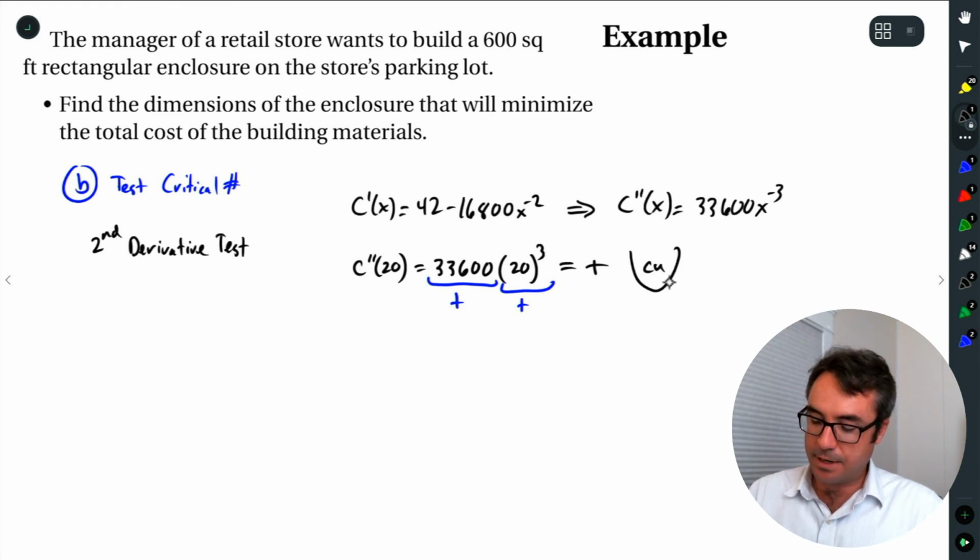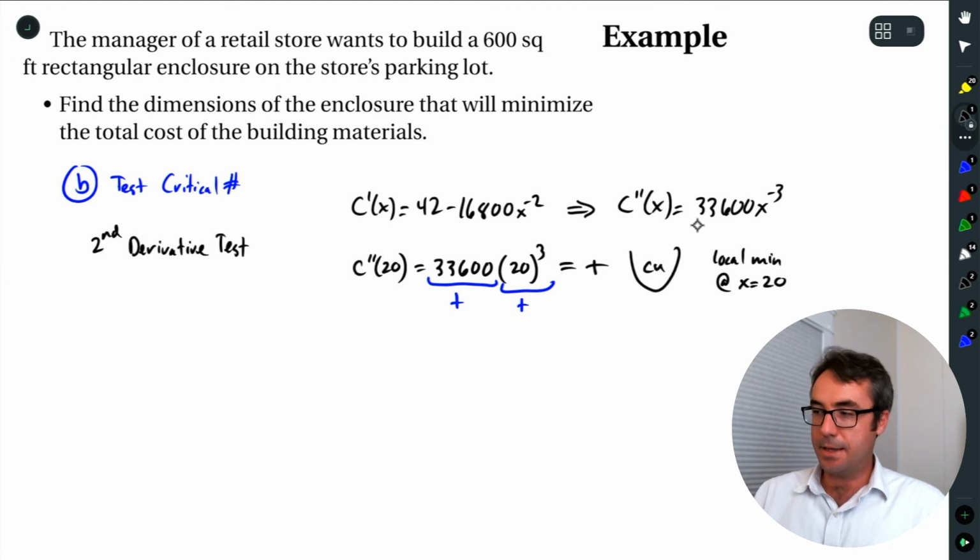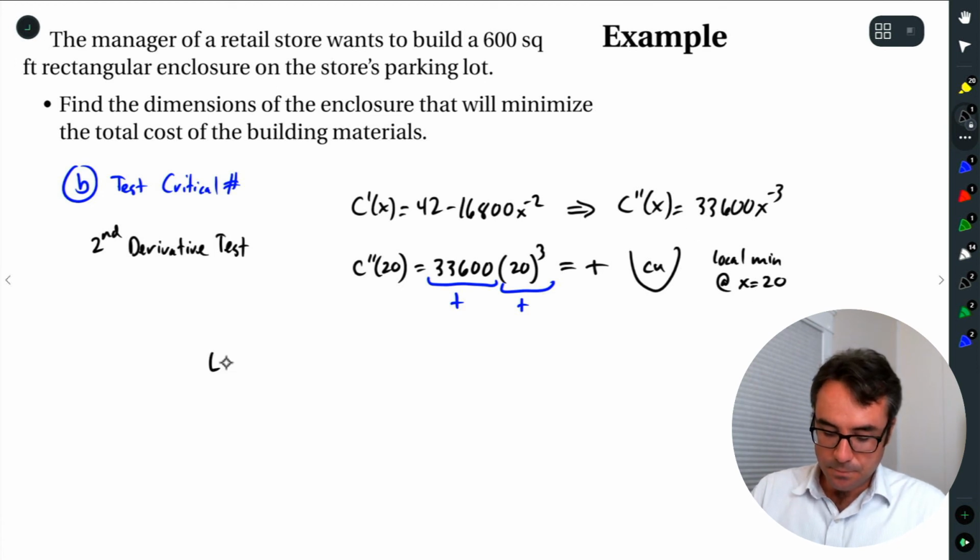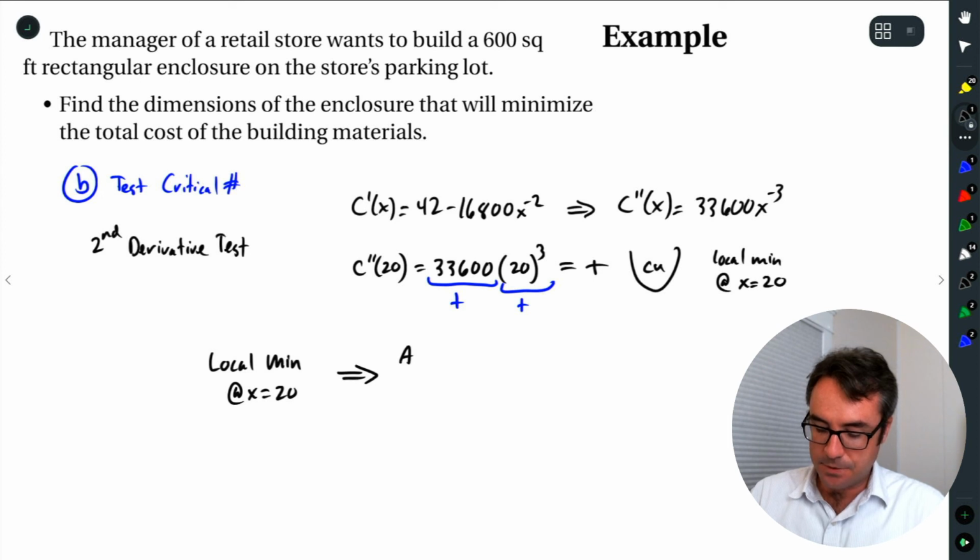And if we draw in our concave up shape, that's what we're looking like. So we have a local min at x equals 20. And not only do we have a local min at x equals 20, this was the only critical number, so it's the absolute min at x equals 20.